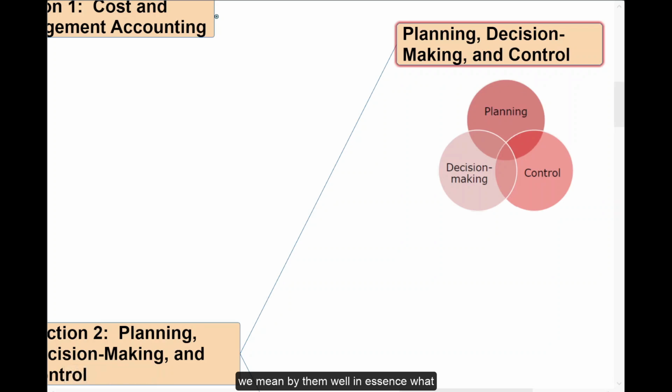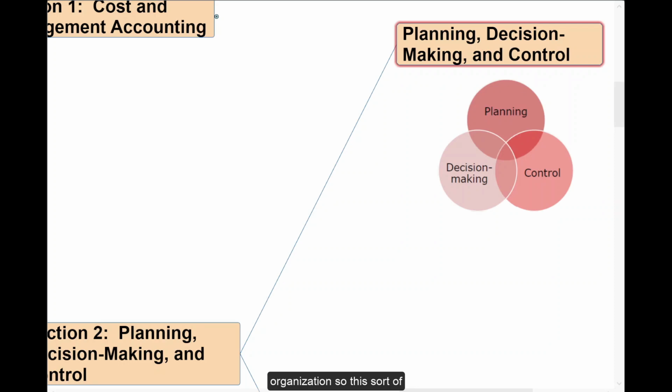Now, what do we mean by them? Well, in essence, what management accountants need to do is plan, and much of the information that they will produce is based around planning. A simple example might be a budget or a forecast. And then outside of that, what they'll need to do is, broadly speaking, compare budgets, let's say, to actuals, and make decisions that will help them control the organization.